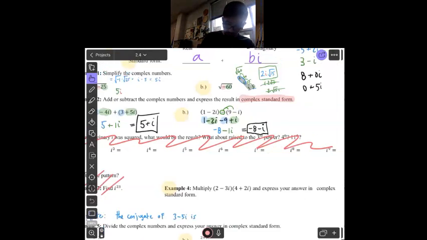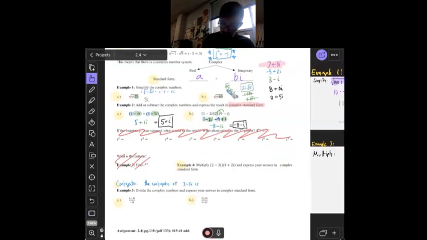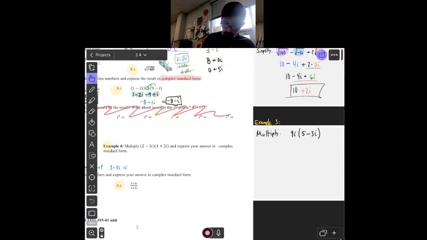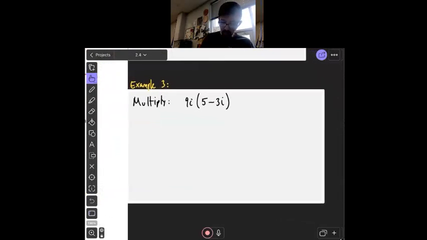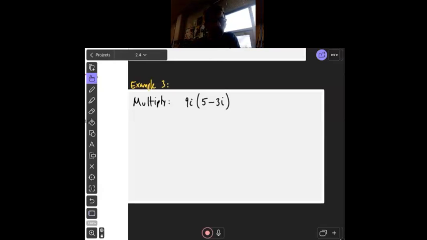Let's see, multiplying. I did want to do this problem first. We're getting to the other one, so I'll call this example 3 instead. I'm not going to do all the i to different powers stuff. So 9i times 5 minus 3i. That's not hard.